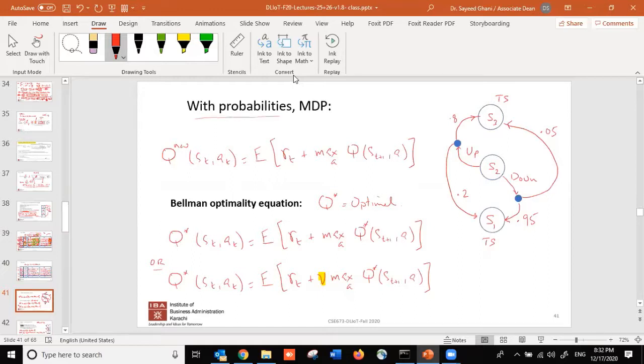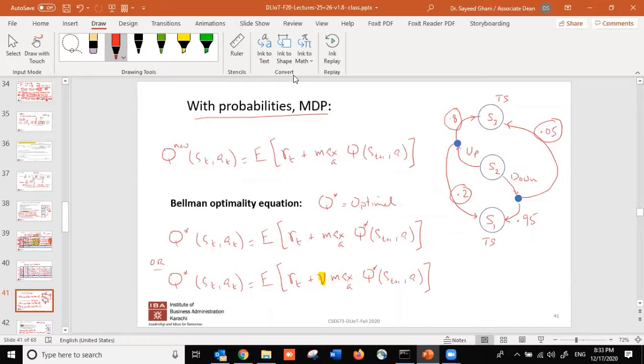This is where Markov decision processes come in, because remember we said that when you're going up, you don't necessarily end up in the state above you. There's a 20% chance that you actually go in the wrong direction, and an 80% chance that you go in the right direction. And here, when you're trying to go down, there's still a 5% chance that you go in the wrong direction. So how do we handle that?